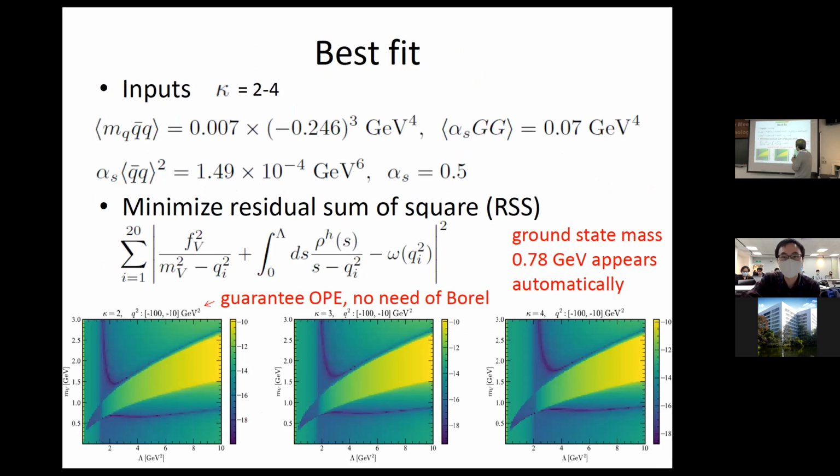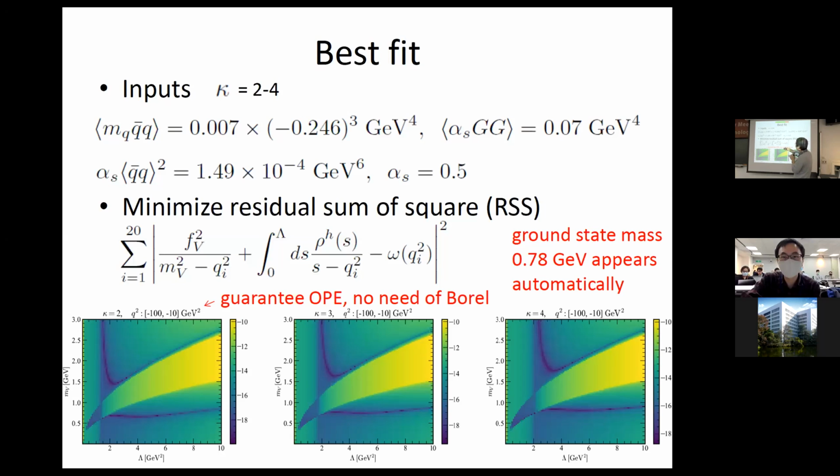And then kappa, as I said, is unknown. So far we know it's between 2 and 4, so we just test 2, 3, and 4. This is the standard input, the condensate. For example, you can obtain the condensate from lattice QCD. Then we minimize the difference between the two sides. This is unknown, the hadron side, and this is known from OPE, the quark side.